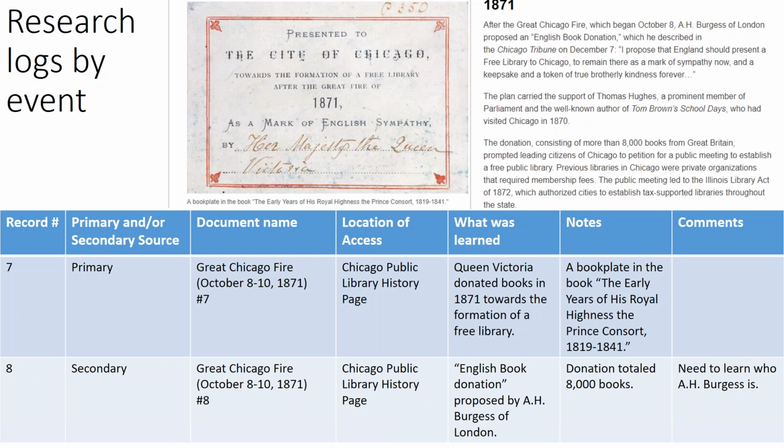But it doesn't tell us who A.H. Burgess is and why he would be associated with Chicago at the time. So this gives us a great chance to see if students come up with that question and want to explore his influence or his impact at that time even further.